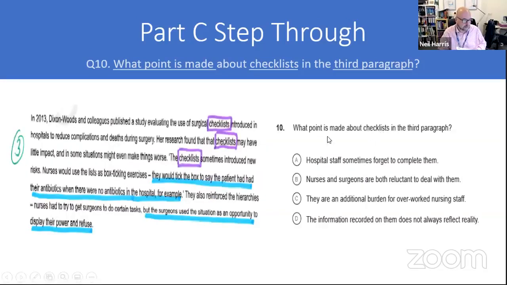So if we take all of this information about people giving incorrect answers and surgeons using them to show their power, is there a particular answer, A, B, C, or D in the options that stands out as meaning the same?